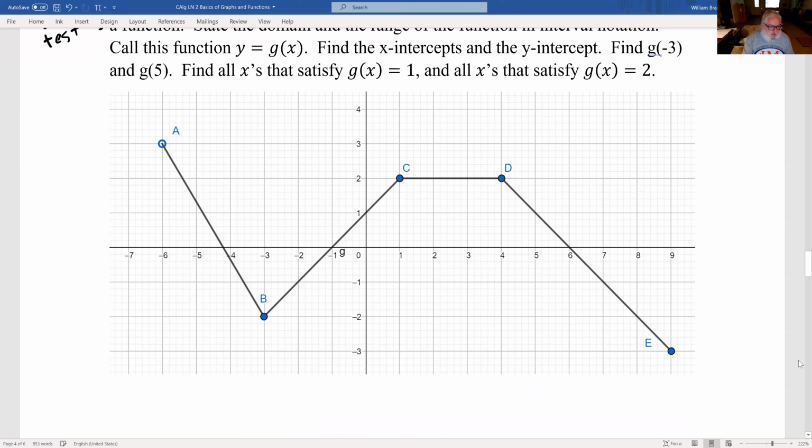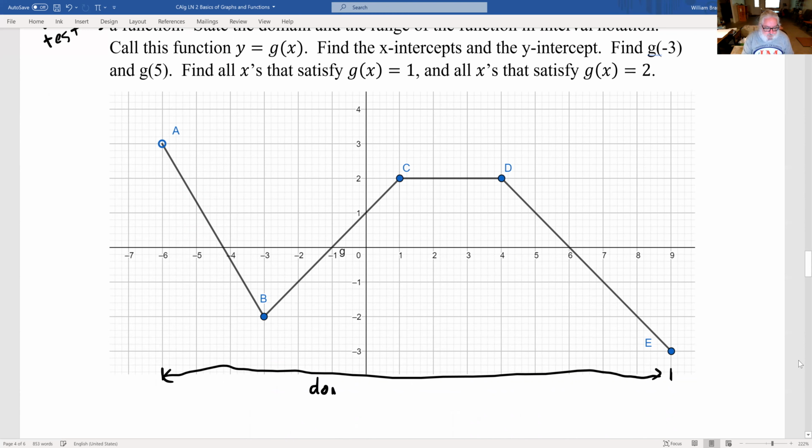Domain is left to right. So the function starts at -6 and it goes all the way to 9. So domain is left and right. And that's -6, but there's an empty hole in the graph here. So -6 actually isn't the domain.